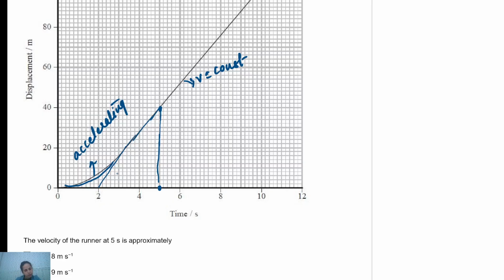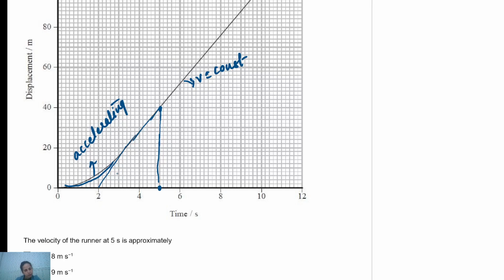You draw the tangent, or you can take as big a triangle as possible. So let's just figure out, can it be 8? At 5 seconds it has reached 40, but remember it was accelerating, so it cannot be 8 meters per second.